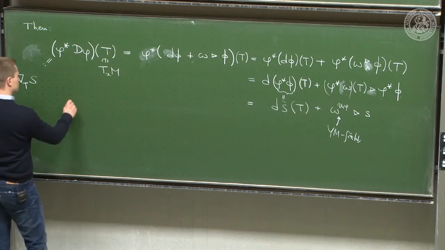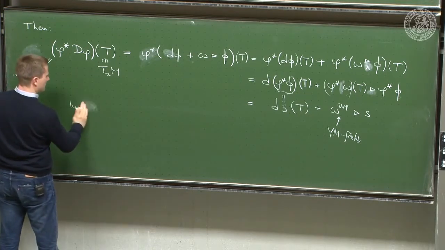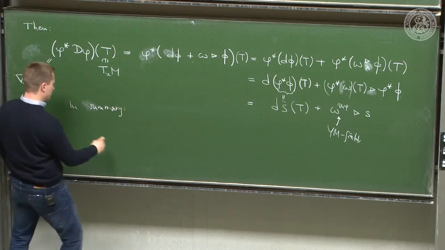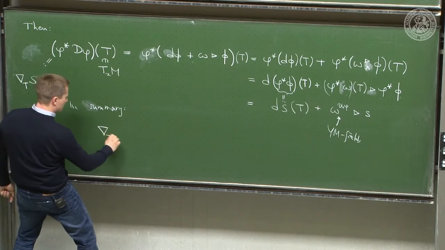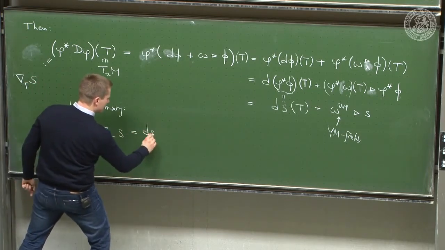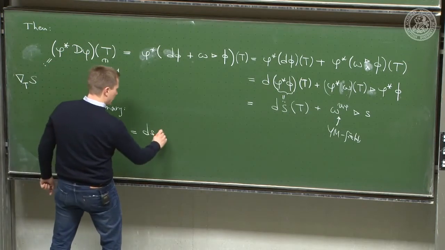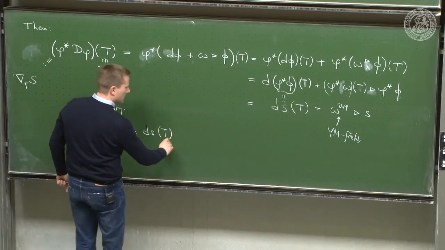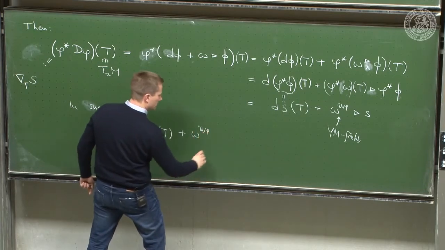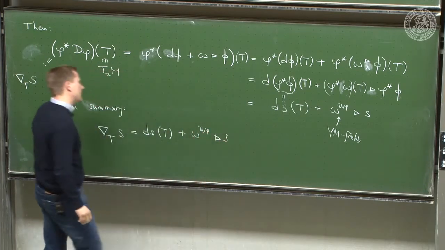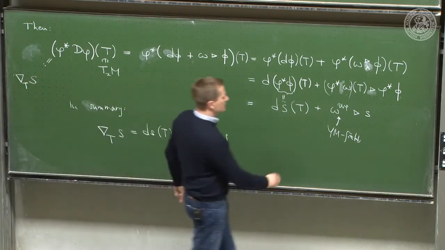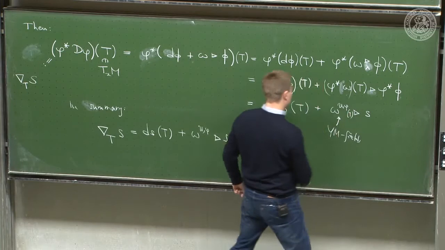So in summary, with these names, we have nabla sub t on s is ds applied to t plus omega u phi acting on the s, and the t is eaten here, of course, of t.